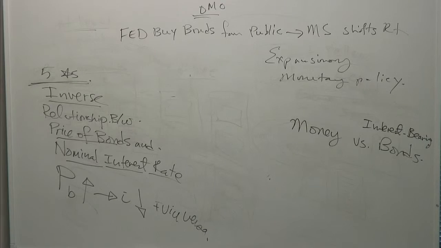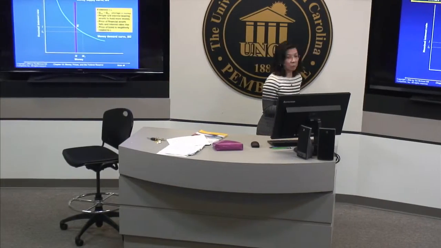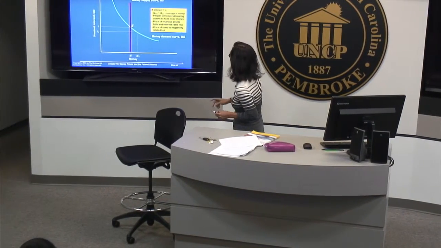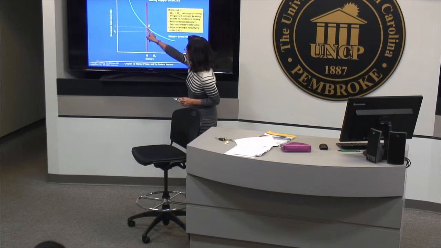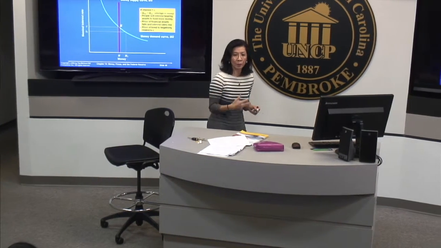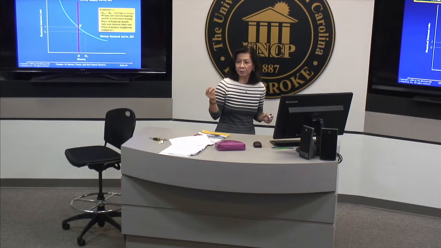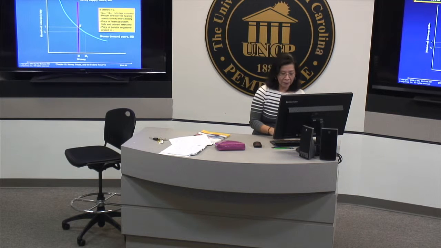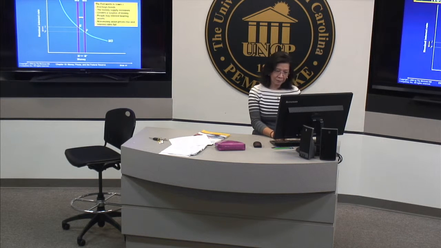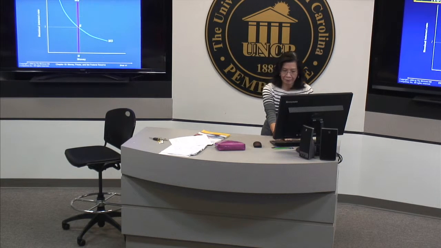So what you expect is that the interest rate will come back up eventually to restore the so-called equilibrium in the money market. It used to be an in-class exercise we did, but I'm not sure if we do it yet.